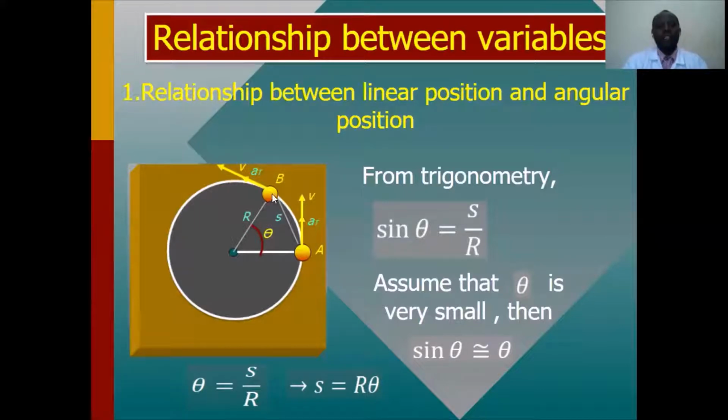If the object shifts from B to another point, the curve S will increase, but also the angle theta will increase. And if the linear position decreases, the angular position also will decrease.